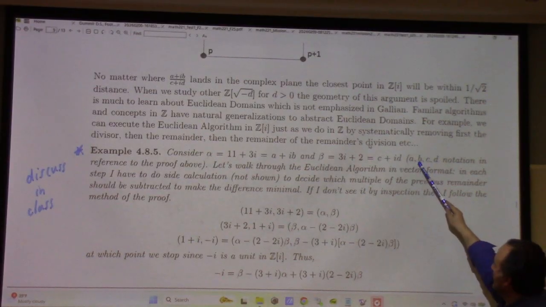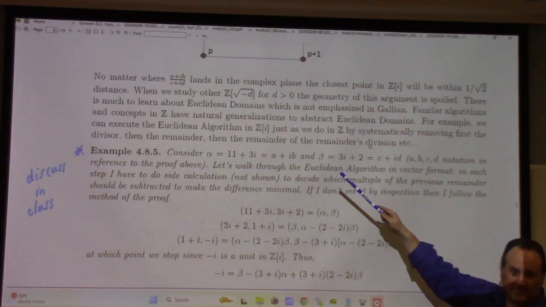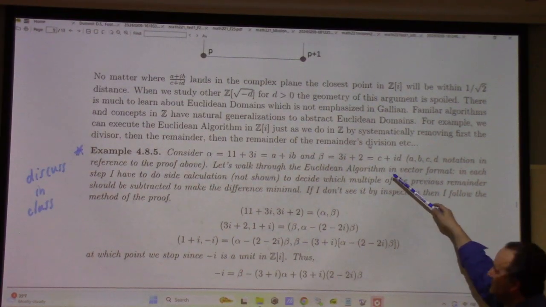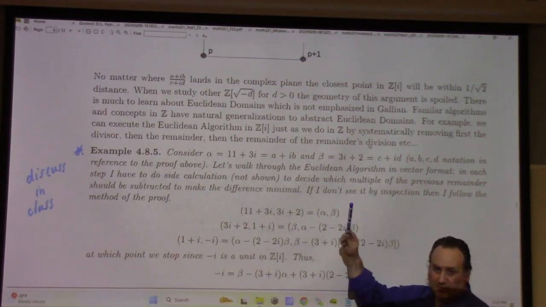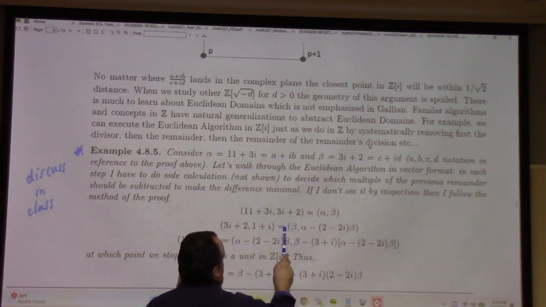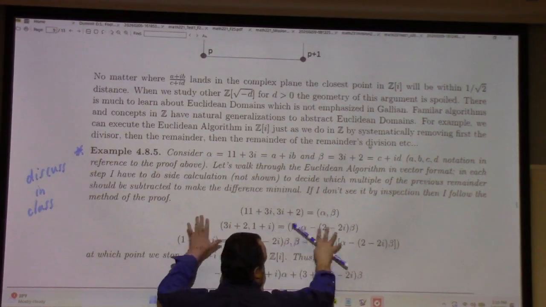In the notation, I had a, b, c, d in the proof above. So I'm doing a plus ib divided by c plus id, all right? And so what I did was I actually just divided this by that. They're complex numbers, so you can divide them. And I figured out that gives me a, so this is the first, oh, by the way, this is the vector Euclidean algorithm.